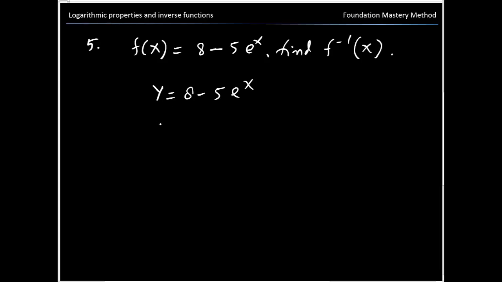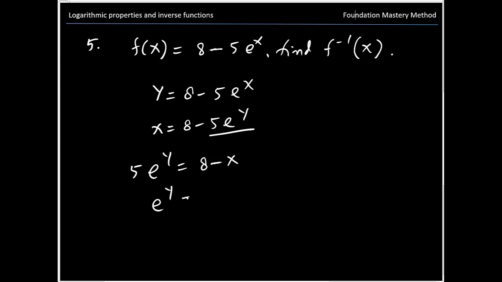Now we switch variables: x equals 8 minus 5 e to the y. Now since we are solving for y, let's isolate y. So this is the term, we need to bring it to the left side, which is 5 e to the y equals 8 minus x. And then e to the y will be 8 minus x over 5.